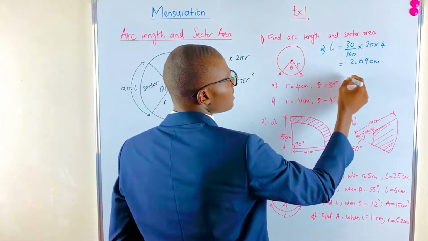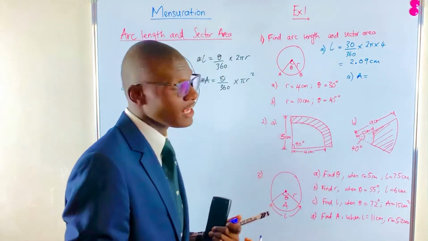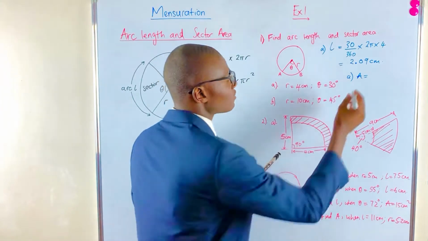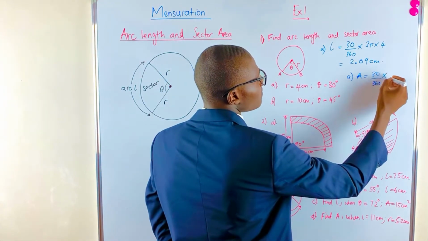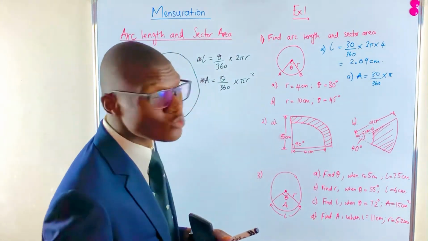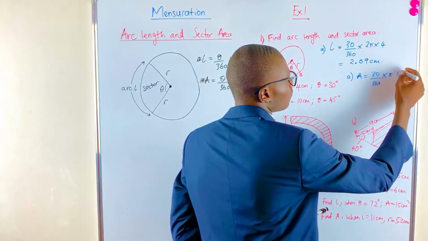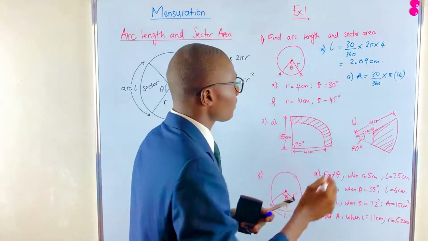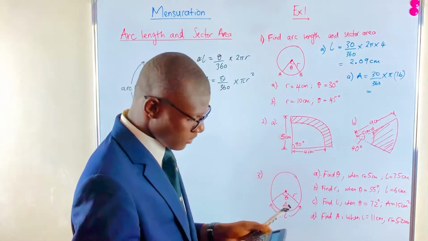And then now the sector area for part A, we are saying that A is equal to theta, which is 30 over 360, times pi r squared. r being 4, 4 squared will give us 16. So pi times 16.